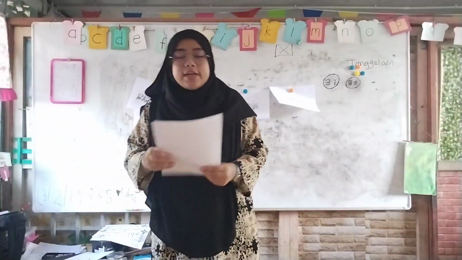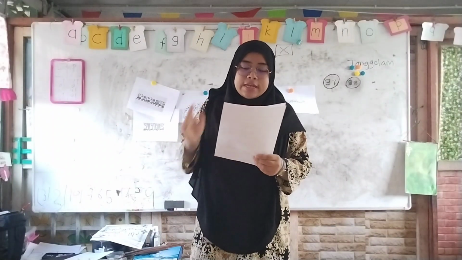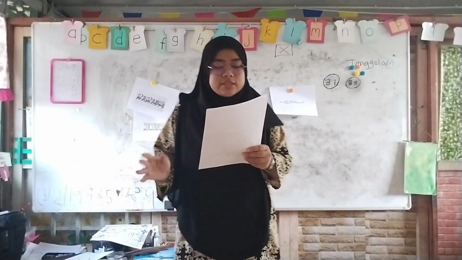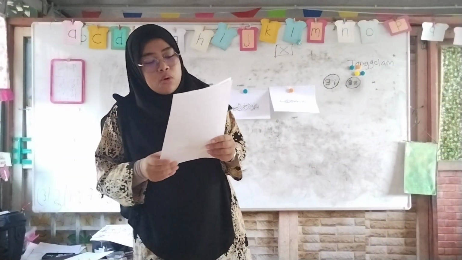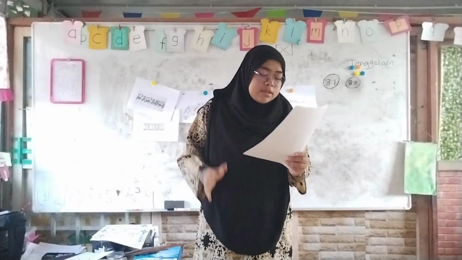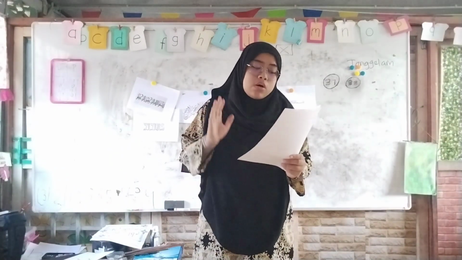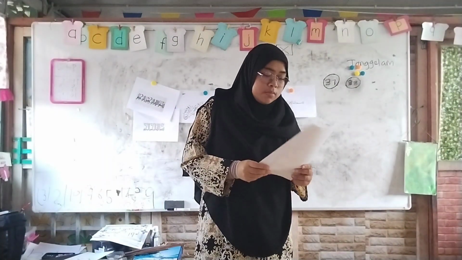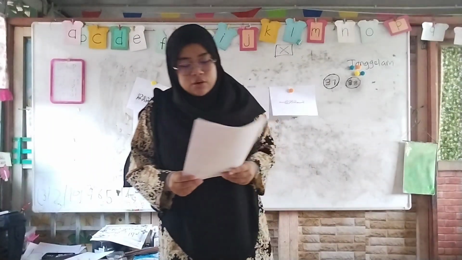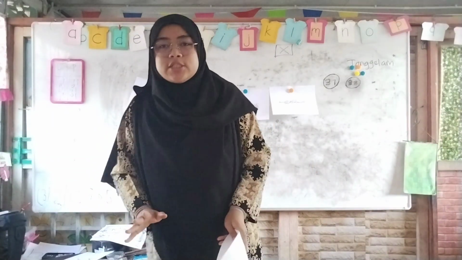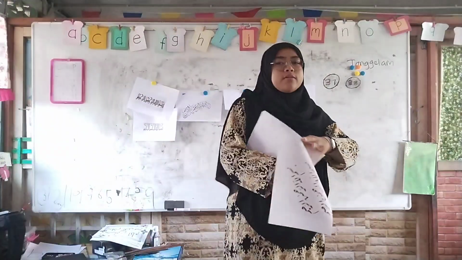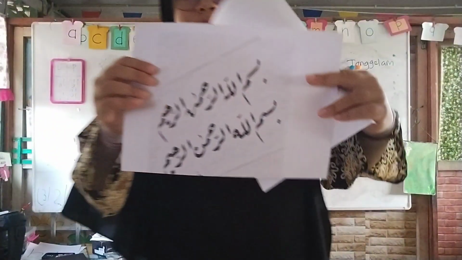And lastly, Rika calligraphy was developed in the late 19th century. This style is almost the same as Sulus, but it's more rounded and has shorter horizontal lines. Besides that, the word Rika comes from the Arabic noun ruqa, meaning a patch or piece of material. This is the last example of calligraphy.